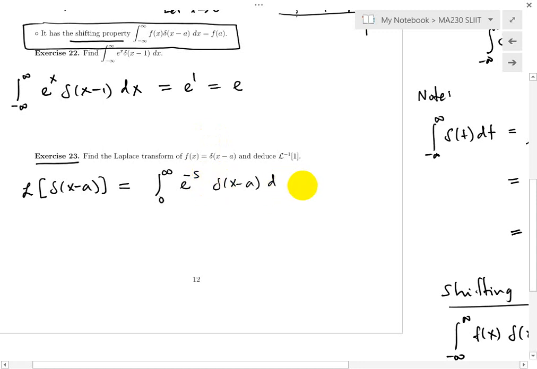So x is our dummy variable, right? So far I was writing t, but here maybe I have written x. So what is this integral?